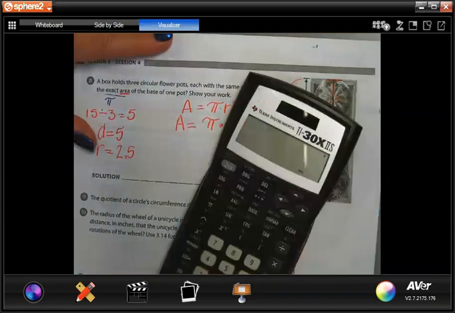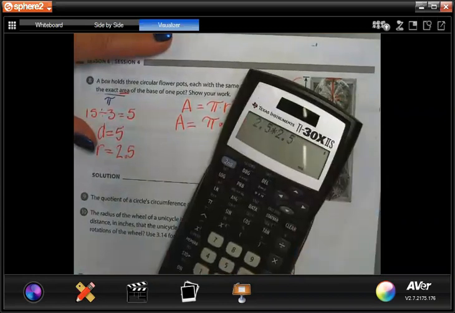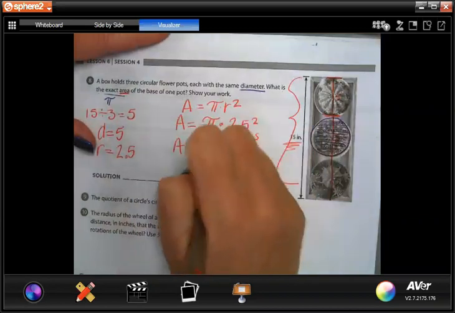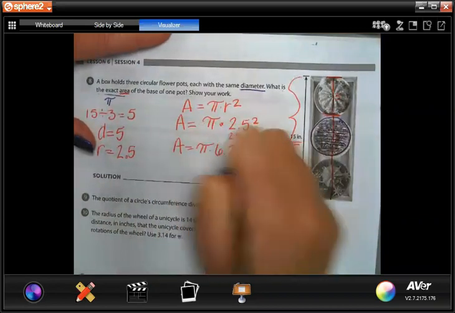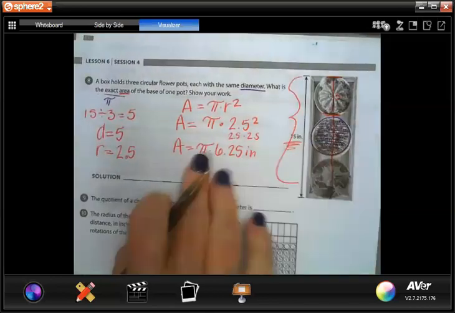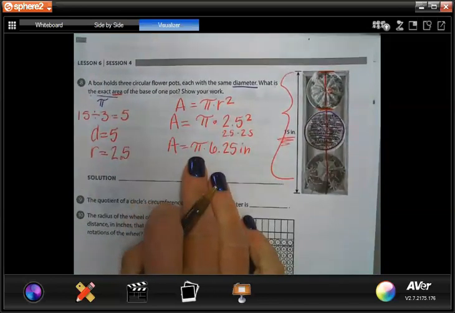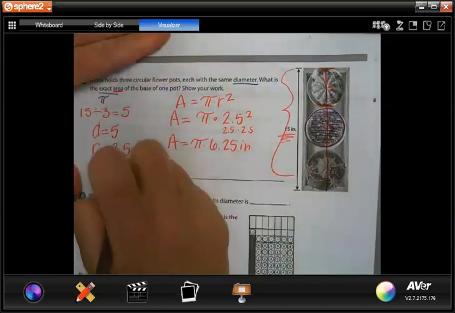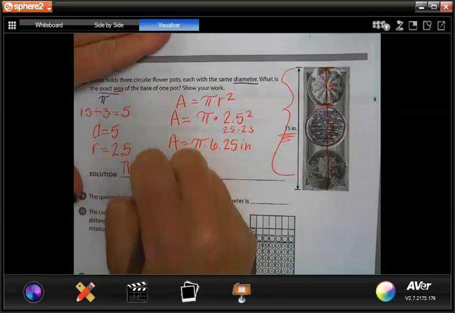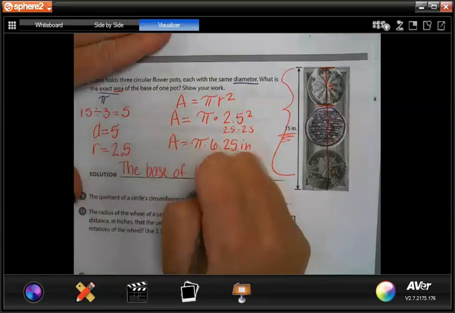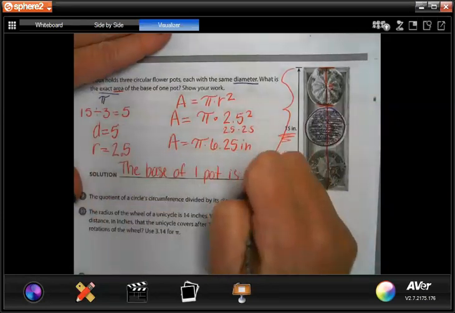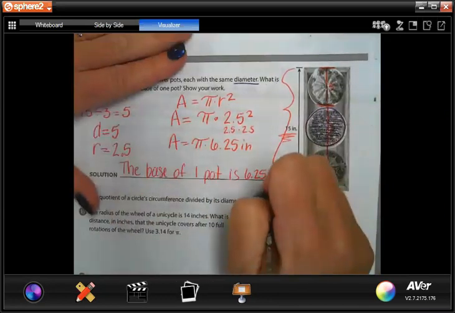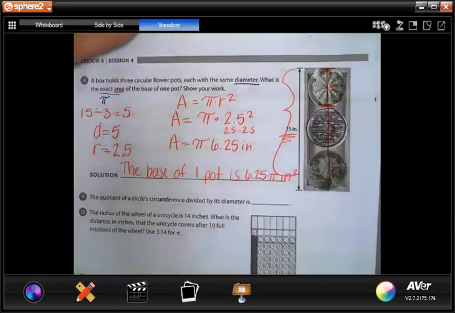So the area equals pi times 6.25 inches. And we're going to keep it in terms of pi. So my answer is the base of one pot is 6.25 pi inches squared. Notice I put the 6.25 in front of my pi. Okay.